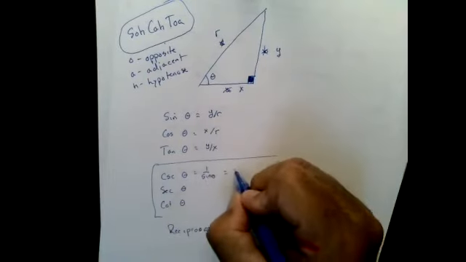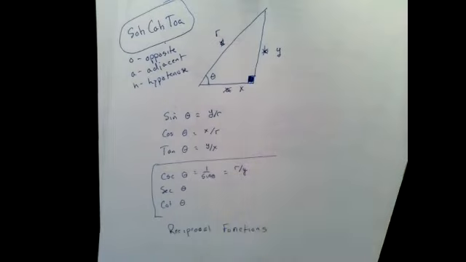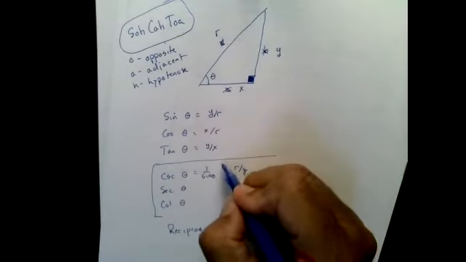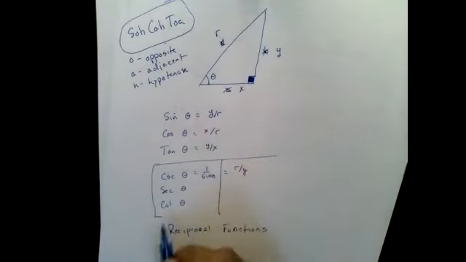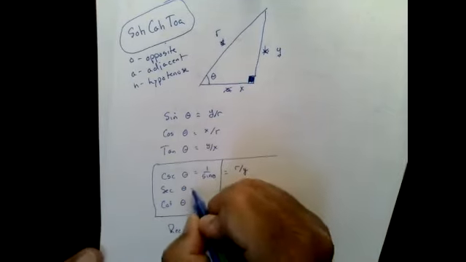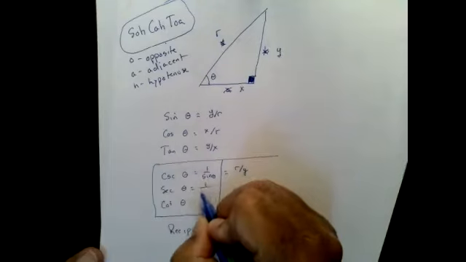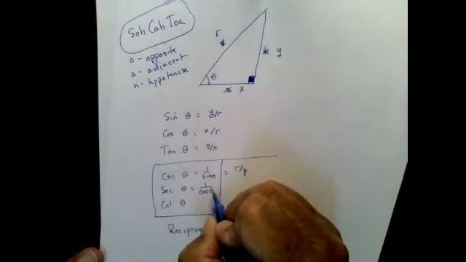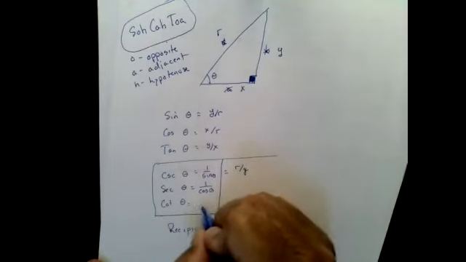So this actually becomes R over Y. What you'll remember more than anything is that the cosecant is 1 over the sine, the secant is 1 over the cosine, and the cotangent is 1 over the tangent.